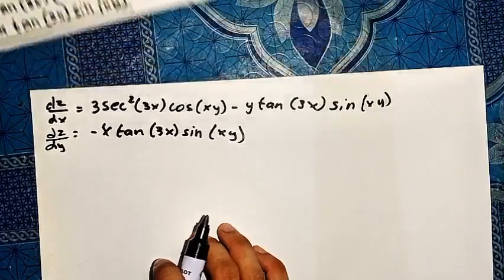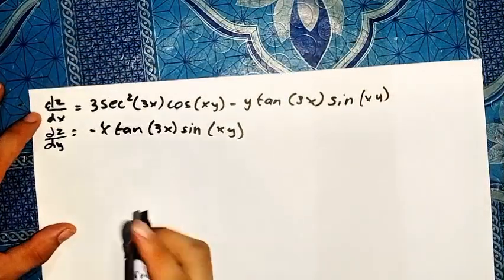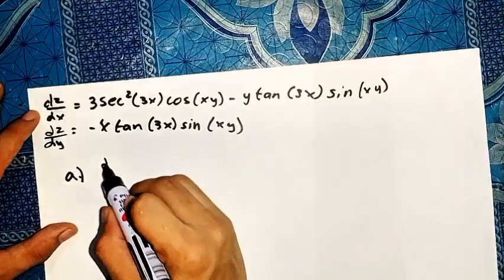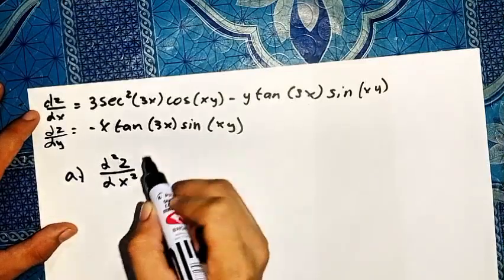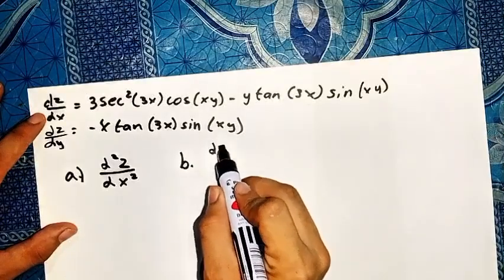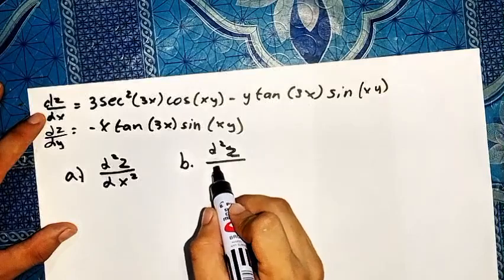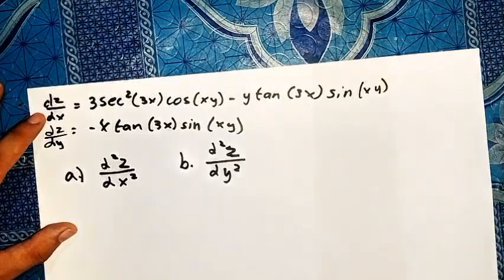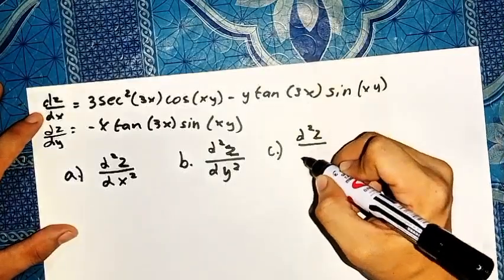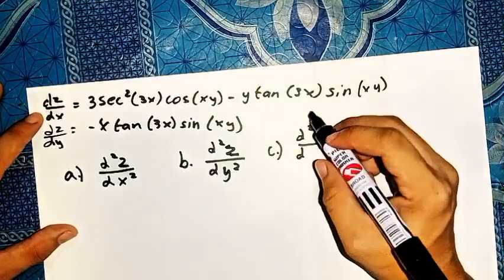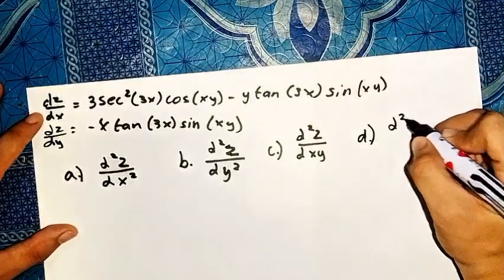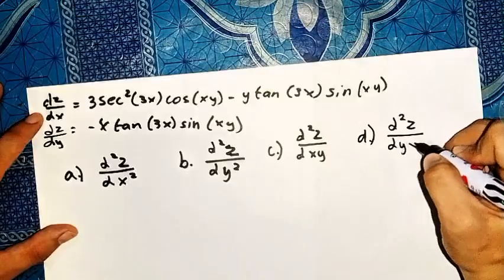Now again, the higher order partial derivative consists of 4. We have a, the partial squared z over partial x squared. We have b, partial squared z with respect to partial y squared. And c, we have partial squared z with respect to partial xy. Lastly is d, partial squared z with respect to yx.